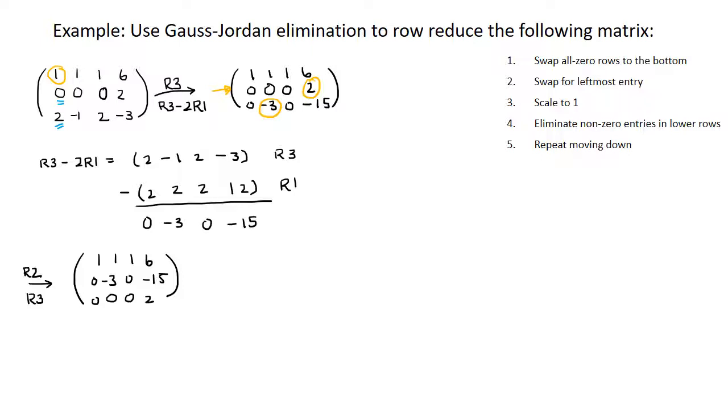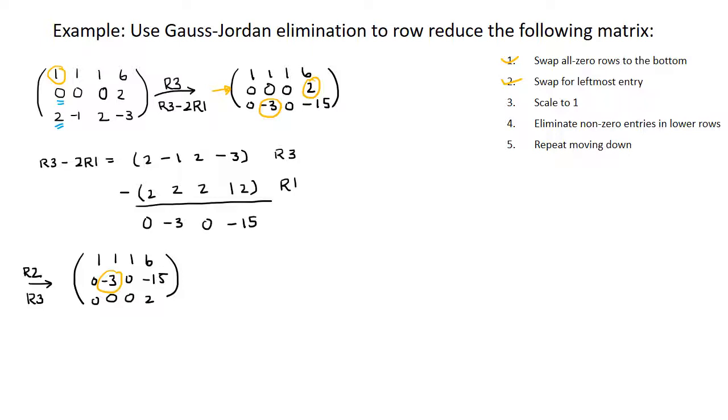Okay, so we didn't have any all 0 rows. We've now swapped so that in row 2, I have the leftmost entry among all rows below this row of interest. And next we have this optional stage of scaling the leading entry in this row to 1. So let's go ahead and do that.